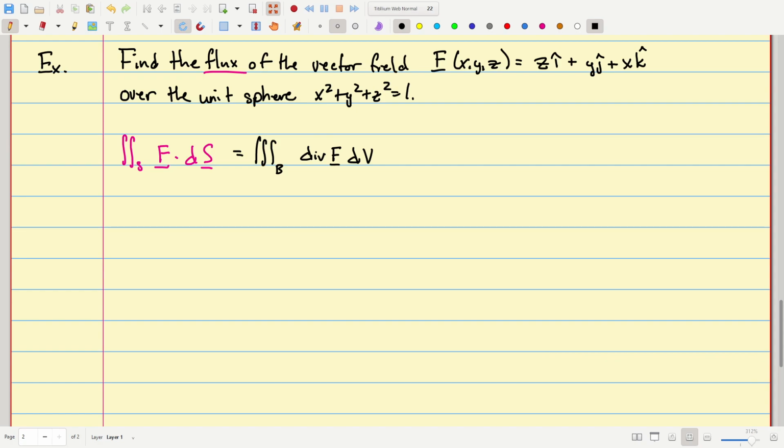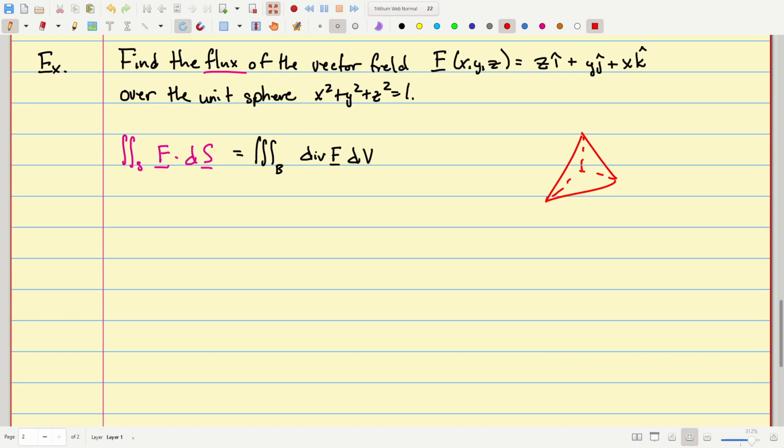Just as an aside, if I give you a problem that is, say, integrate over a tetrahedron, it might be easier to do the surface integral instead of the volume integral based on the circumstances.